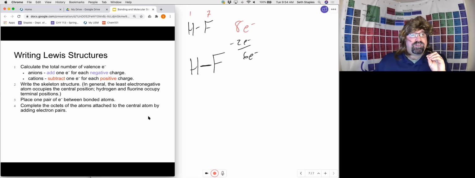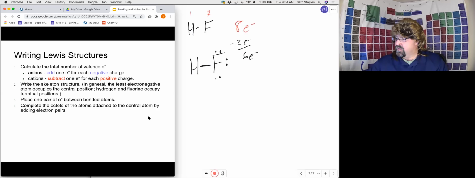We do that by adding electron pairs, and we start with the outer atoms. So we're going to start adding lone pairs of electrons to fill the outer atoms. So we've added 6 around fluorine because that's what completed its octet. Then we subtract our 6, and now we see that we have no more electrons left.